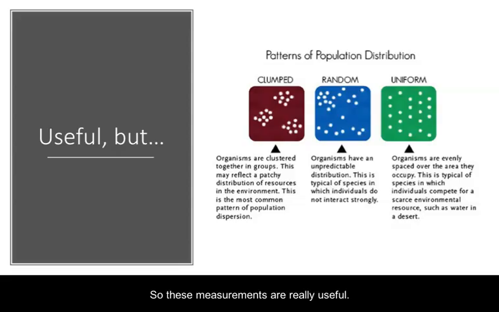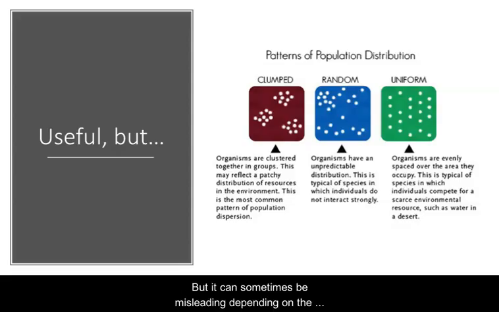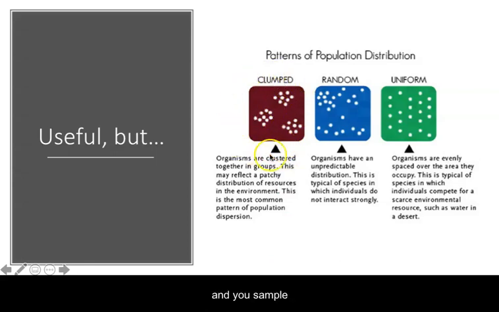So these measurements are really useful, but they can sometimes be misleading depending on the pattern of the population distribution and where the counts are taking place. For example, if organisms occur in clumps and you sample an unclumpy area, then your estimates are going to be lower than reality.